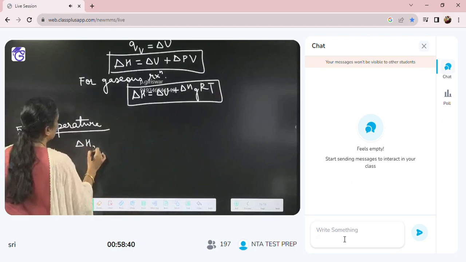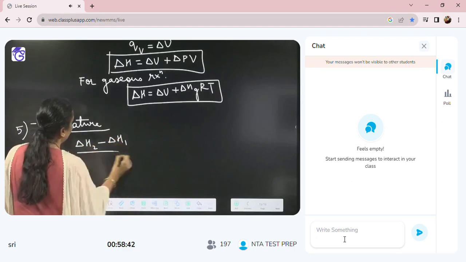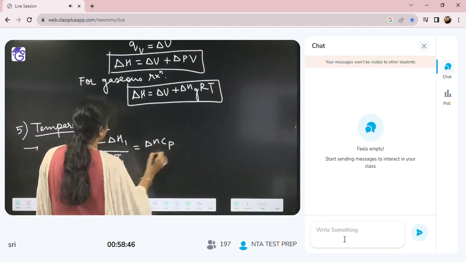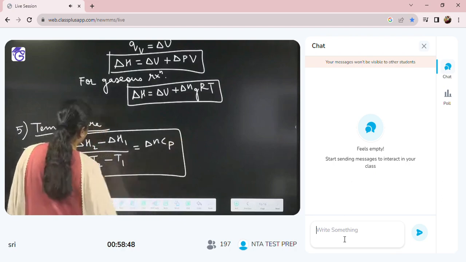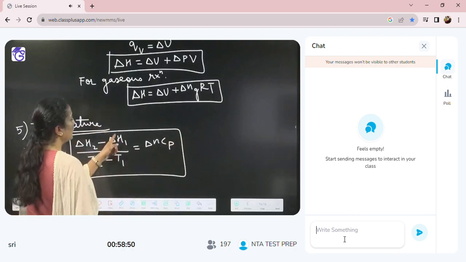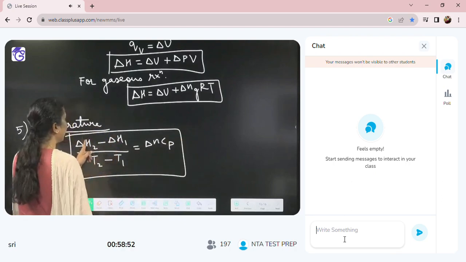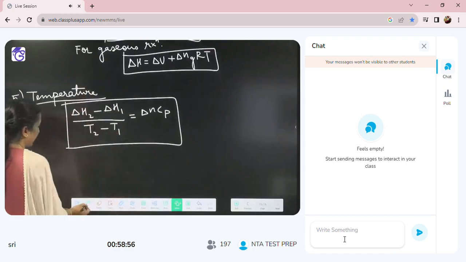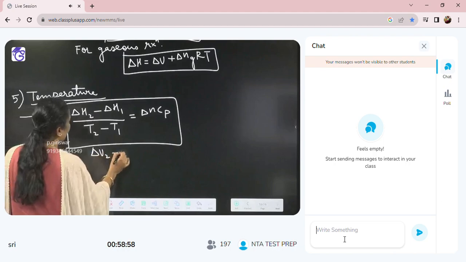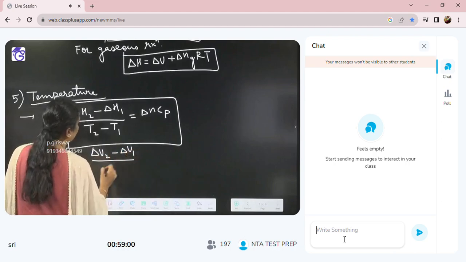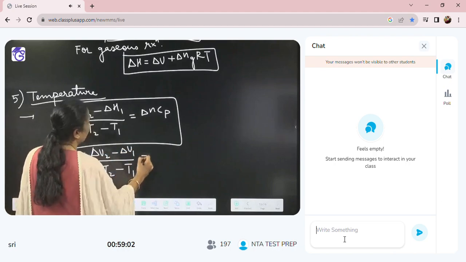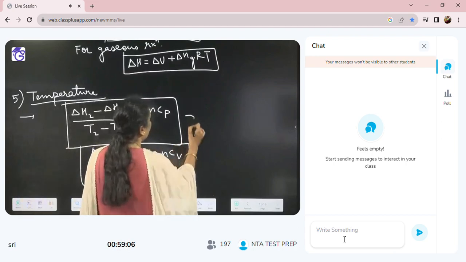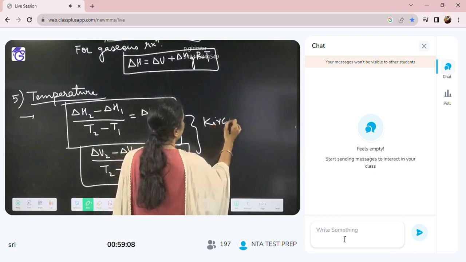You can write down here: delta H2 minus delta H1 upon T2 minus T1 is equal to delta n Cp. This delta H1 is change in enthalpy at temperature T1, and delta H2 is change in enthalpy at temperature T2. Simply write them down as formulas at present. Delta U2 minus delta U1 upon T2 minus T1 is equal to delta n Cv. Both of them are known as Kirchhoff's equation.